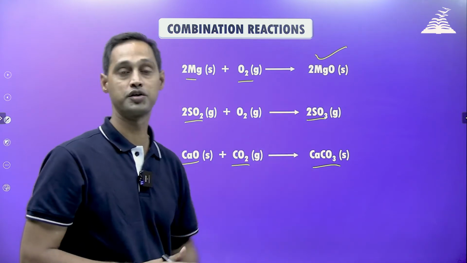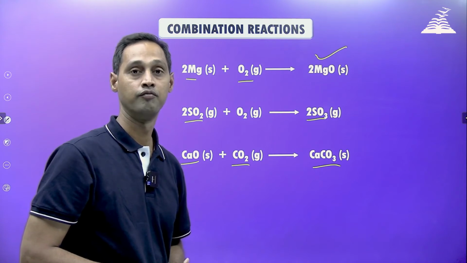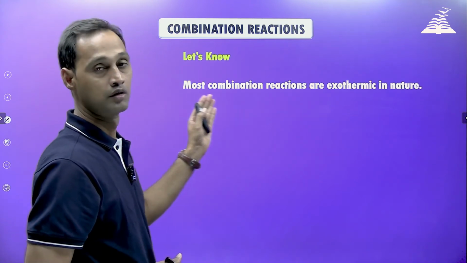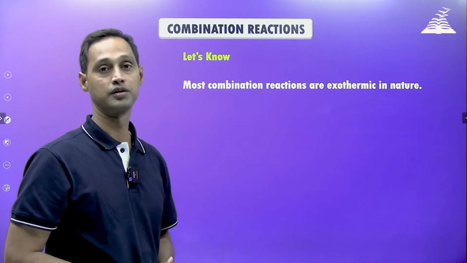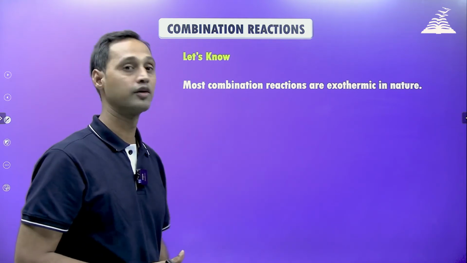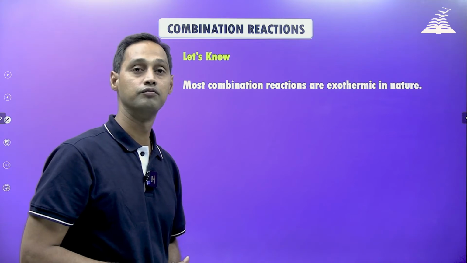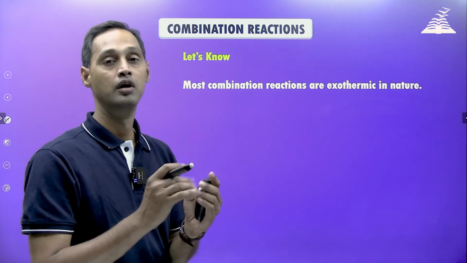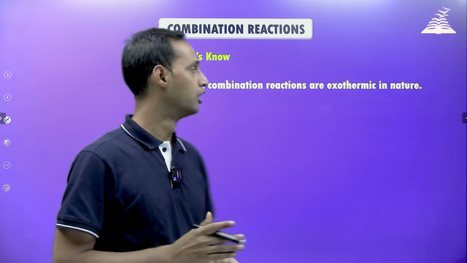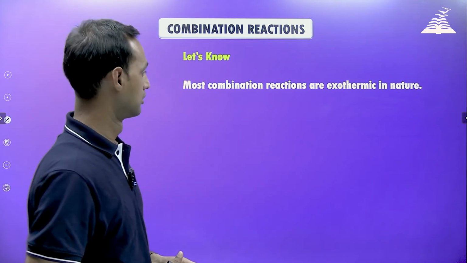So these are combination reactions, right? Moving forward and learning more about combination reactions. Most combination reactions are exothermic in nature. During the combination, heat energy is released, right? We'll try to understand this in detail now.